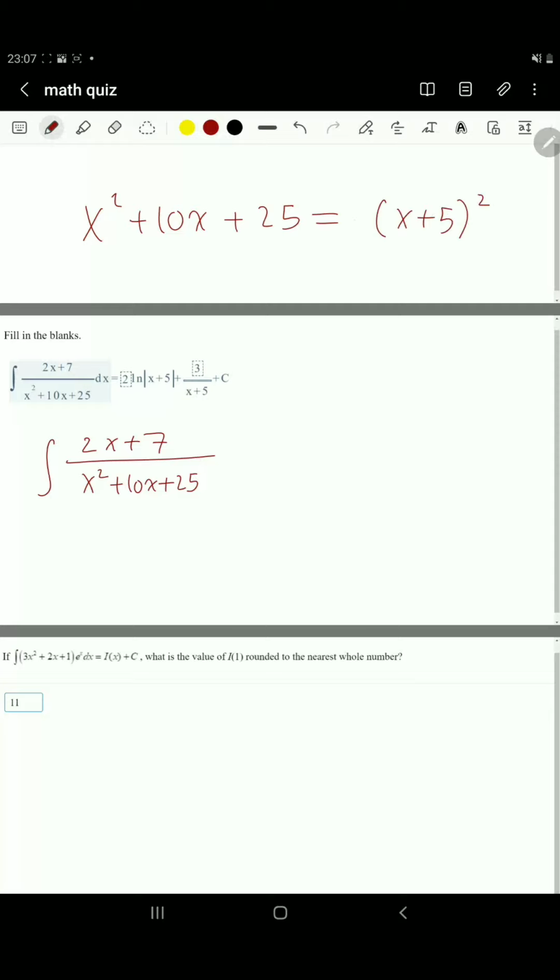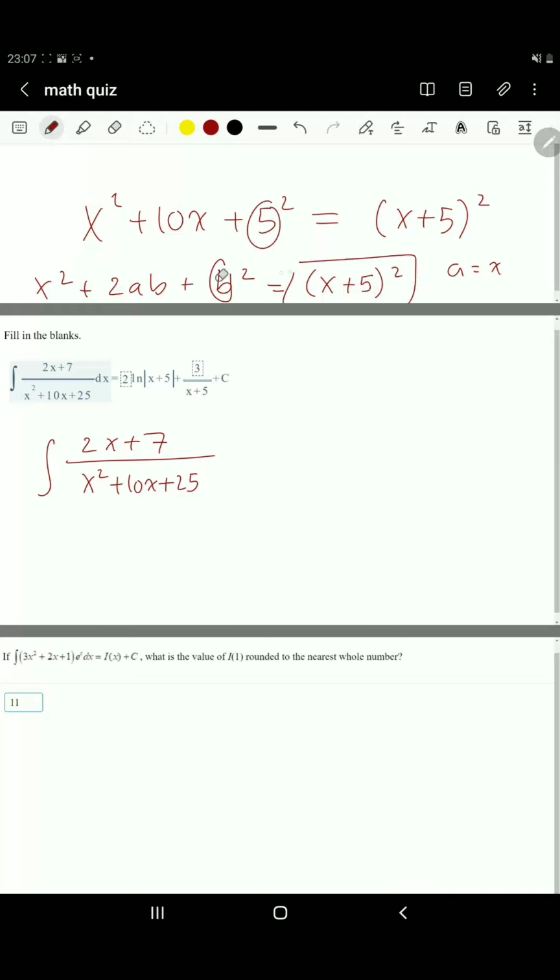And let me prove that to you. We know that a squared plus 2ab plus b squared is just a plus b all squared. In our case, here you have 25, which is just 5 squared. x squared is that, so a is equal to x. And what is b? b is equal to 5.